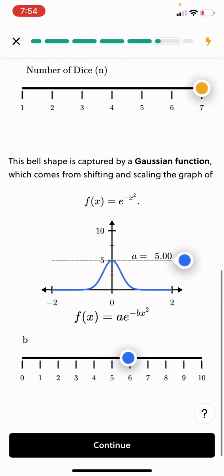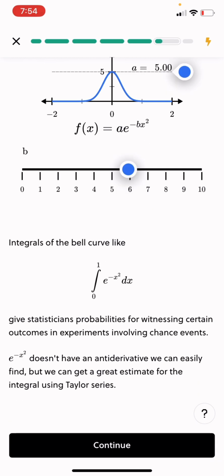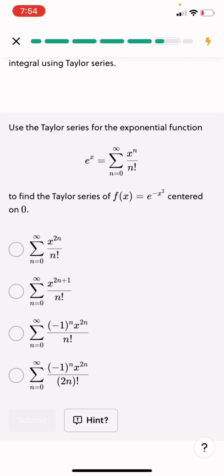Integrals of the bell curve, like the integral from 0 to 1 of e^(-x^2) dx, give statisticians probabilities for witnessing certain outcomes in experiments involving chance events. e^(-x^2) doesn't have an antiderivative we can easily find, but we can get a great estimate for the integral using Taylor series.